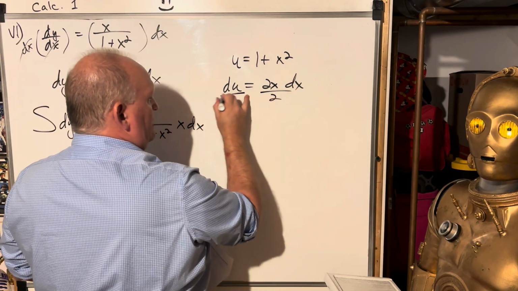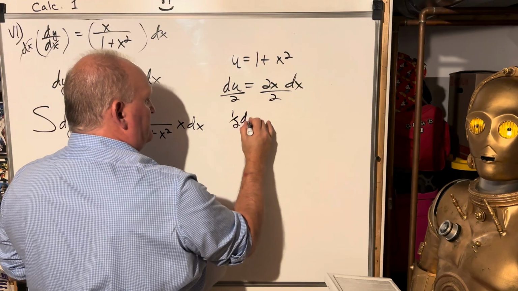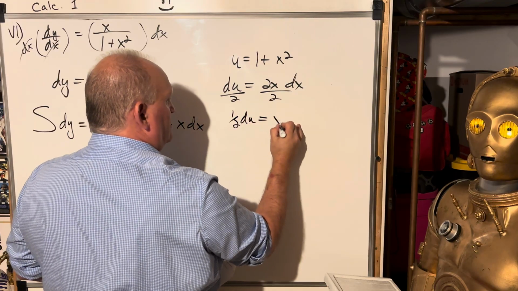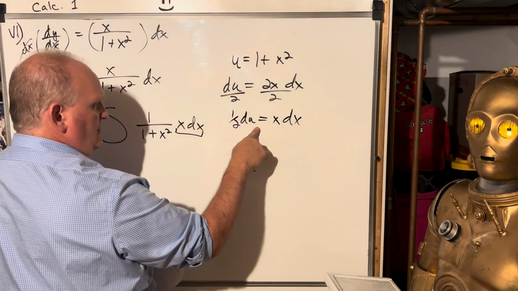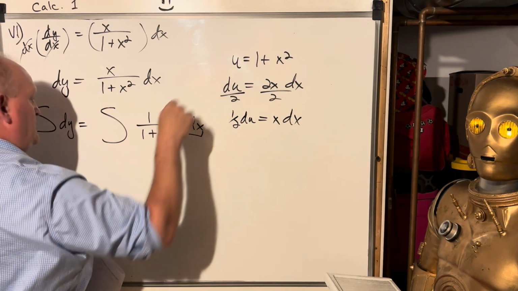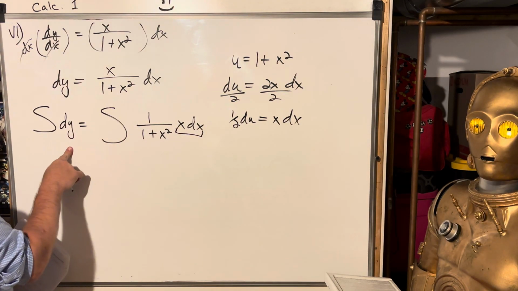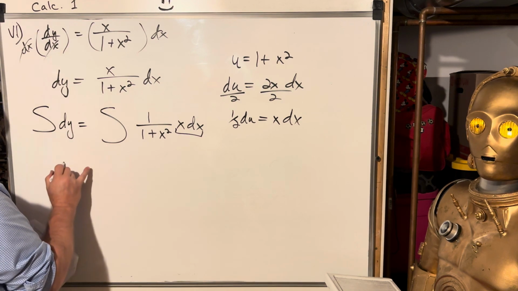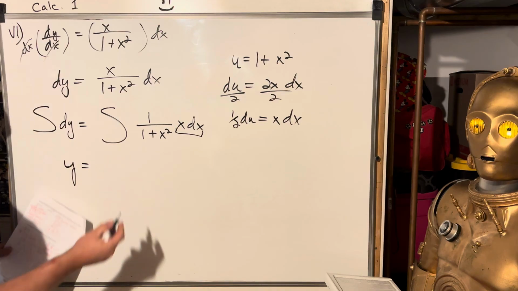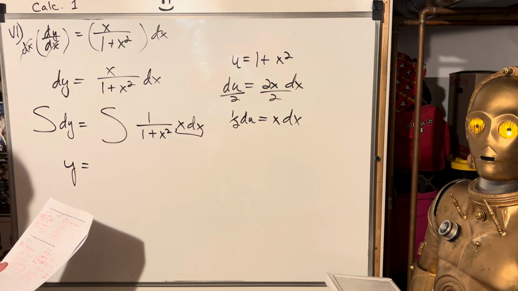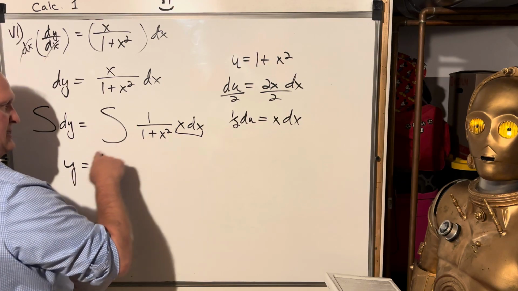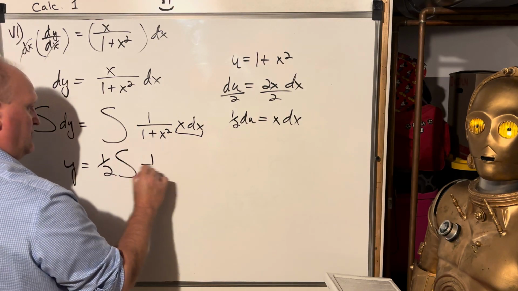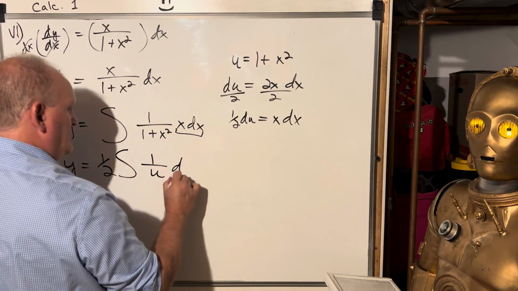So I have to divide out 2, so 1/2 du is going to be substituted for x dx. And so this is going to become u. This I could integrate already, right? That's just y. And then this is 1/2, because the 1/2 will squeeze out front, and 1 over u du.